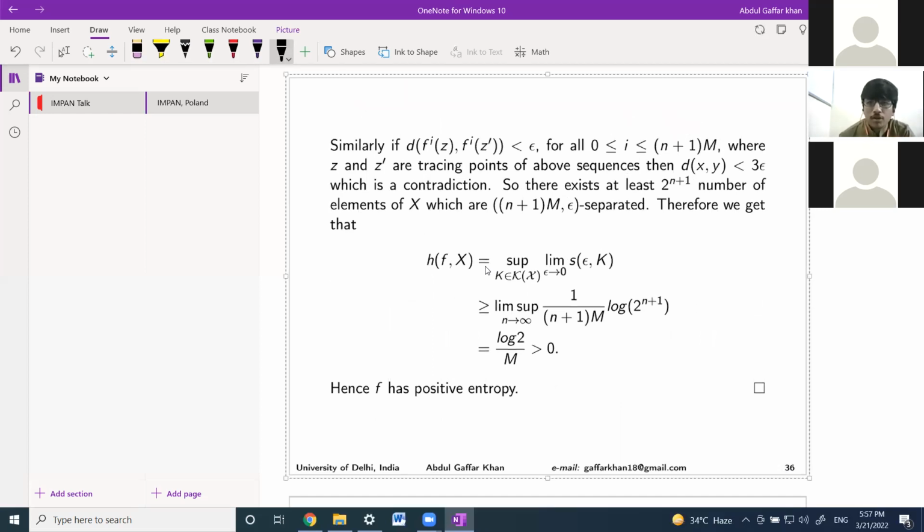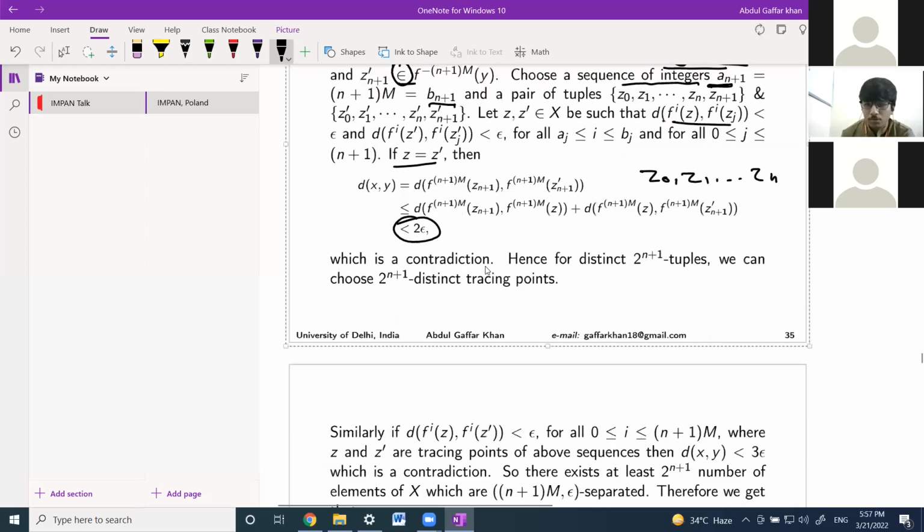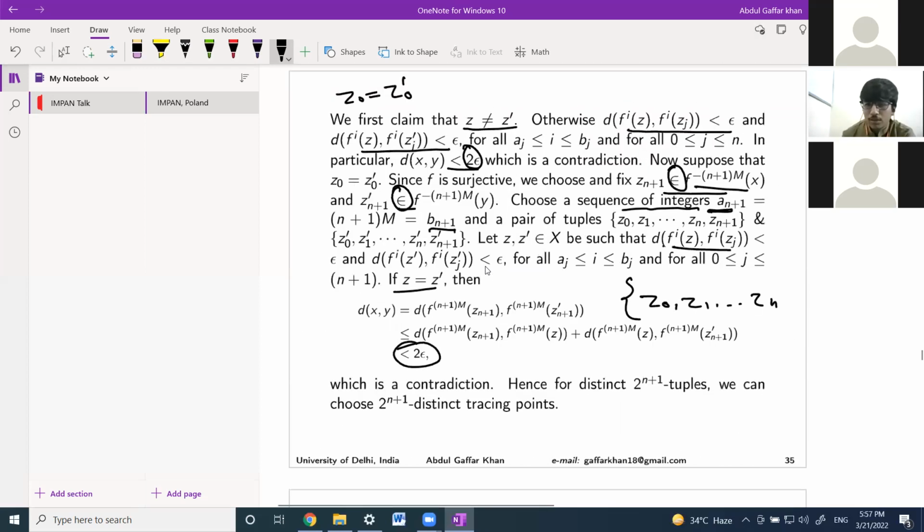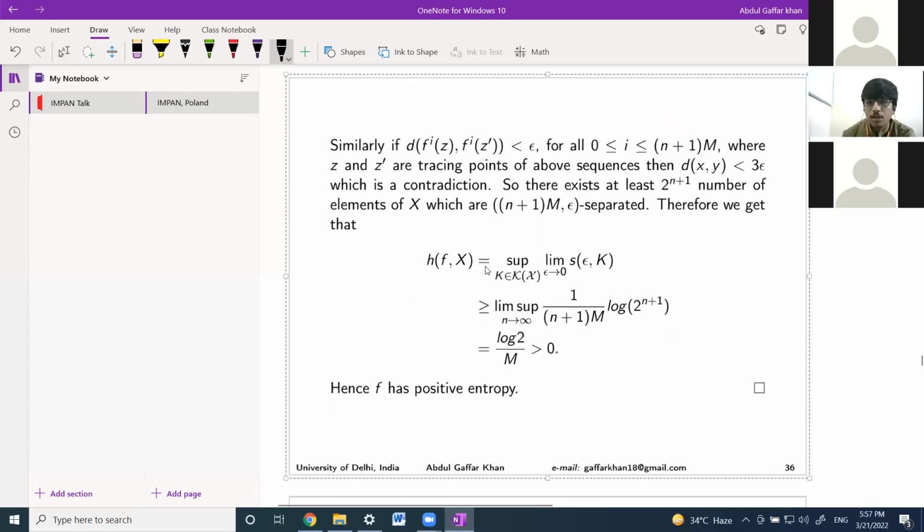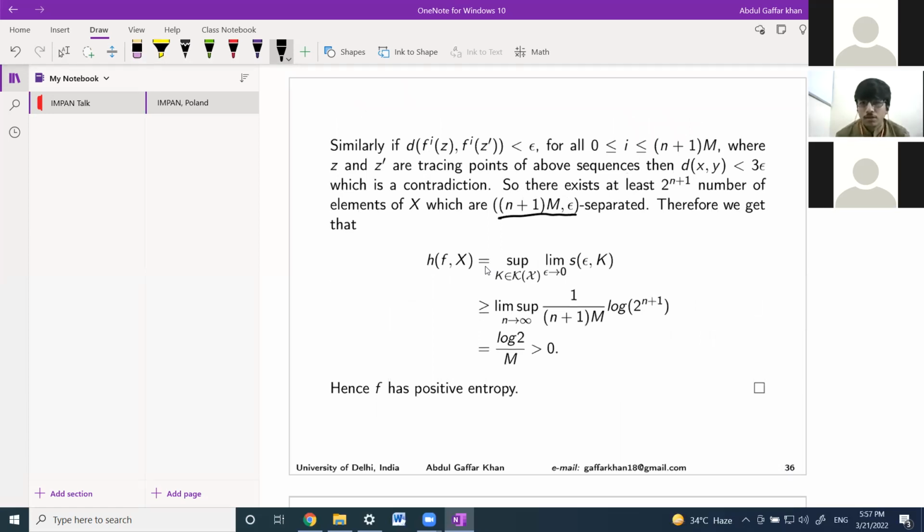We further observe that the tracing points we have obtained using these sequences are (n plus 1)m epsilon-separated. To establish that, we use a contradiction argument: if they are not separated, then the distance between the xi will be less than 3 epsilon, which contradicts our assumption.